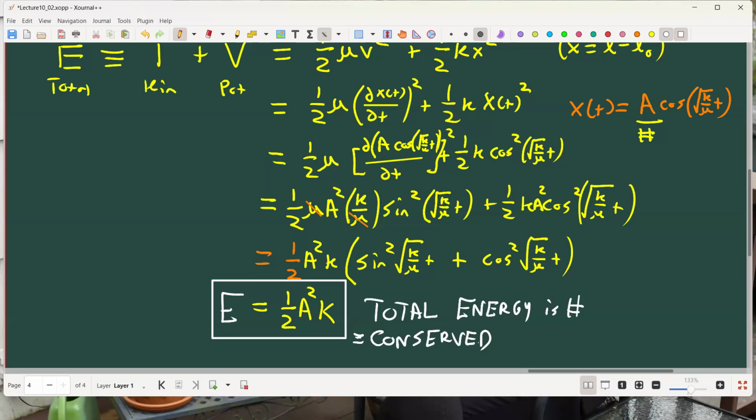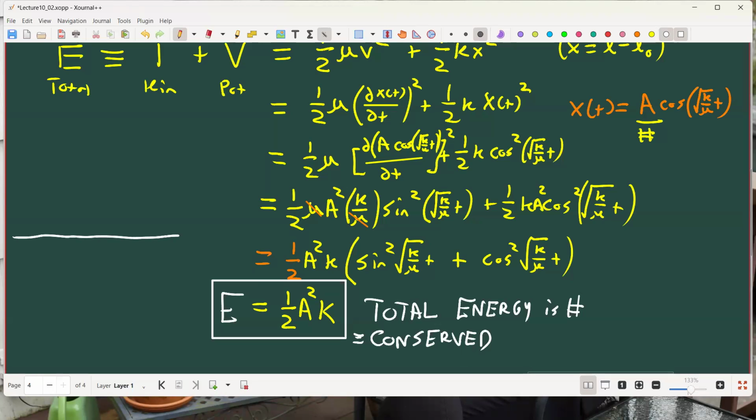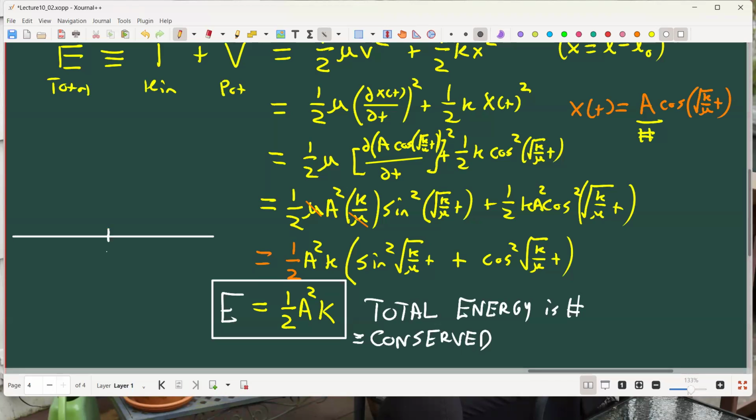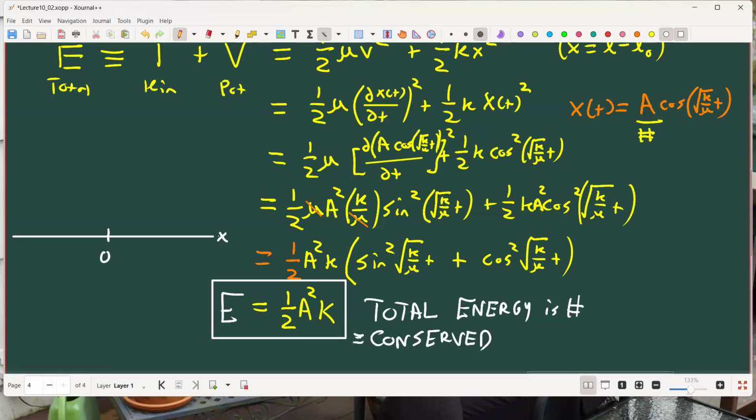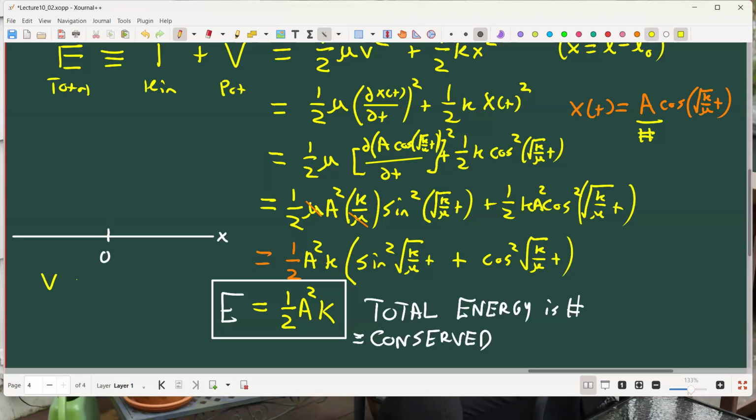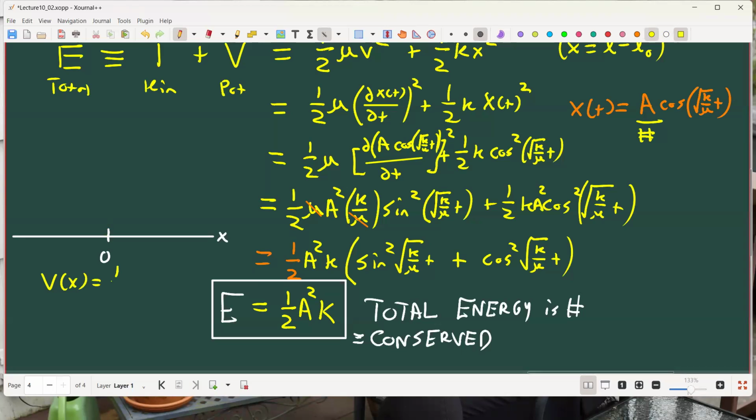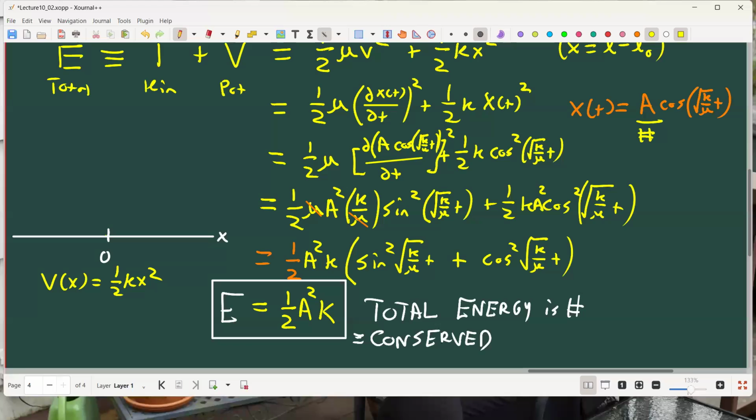All right, so if we look at how the energy flows in this system, let's make a little plot here along x of the potential energy, which, remember, is just a parabola. So it looks like this.